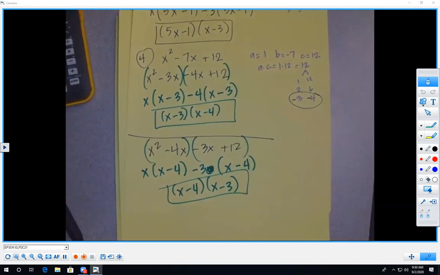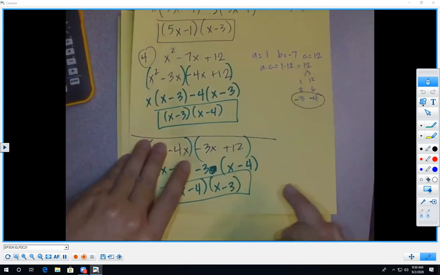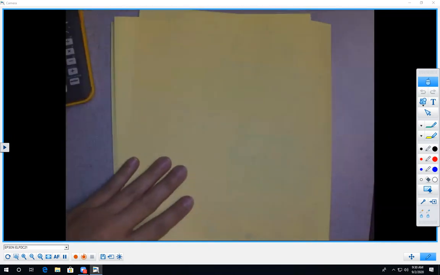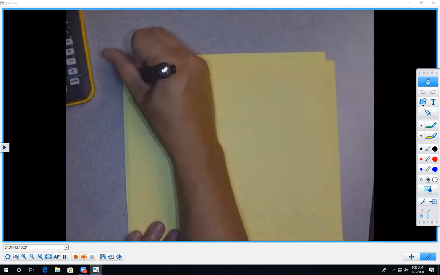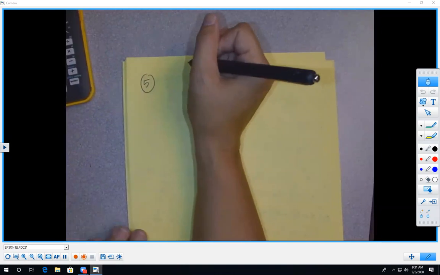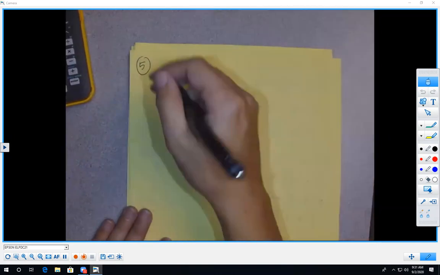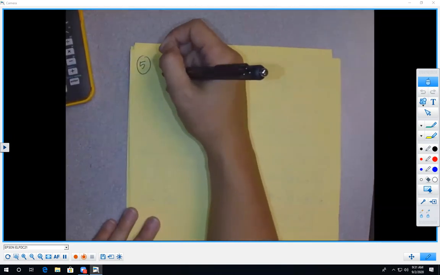Okay, so let's move on to what happens if this A times C is a negative number. Okay, so problem number 5. We're going to get through that, and then I'm going to show you a shortcut way to do some of the problems.